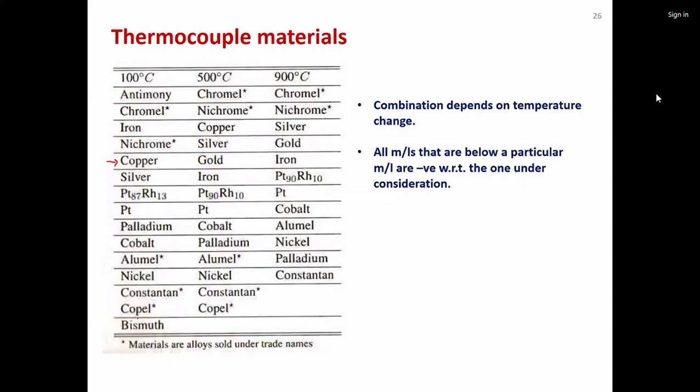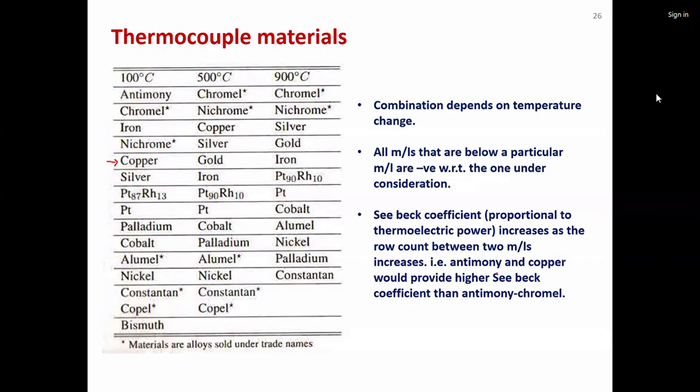And the same is true for silver, and anything that is below copper here is negative with respect to copper. But you can see that if you take, let's say, iron, copper will become negative with respect to iron. For example, for antimony, iron will become negative with respect to antimony, and so on.